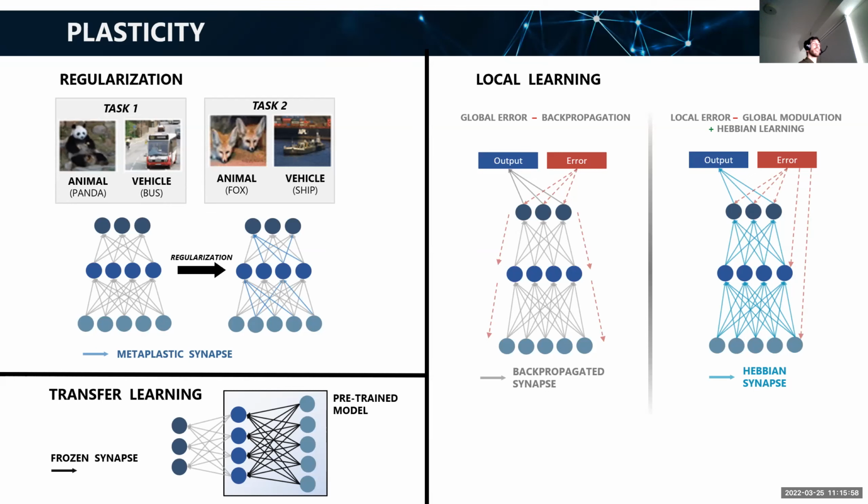And then the final approach, related to plasticity in the network, is local learning. One thing we observe with backpropagation, and even with attempts to mimic backpropagation in spiking neural networks, is that you update all your weights in response to an error.